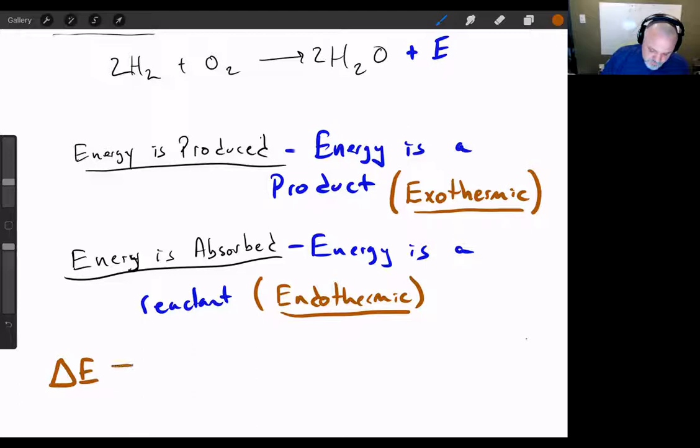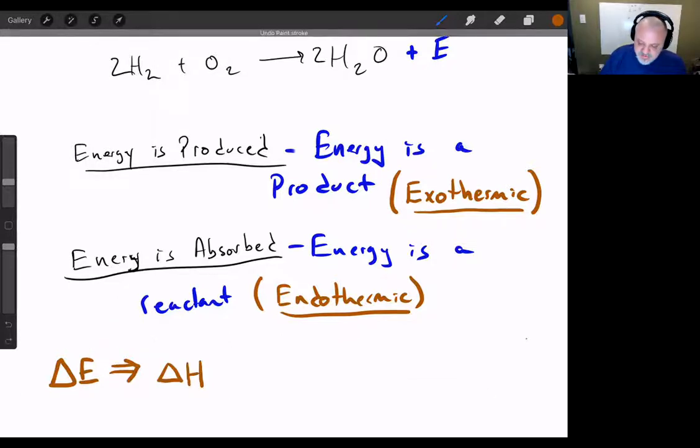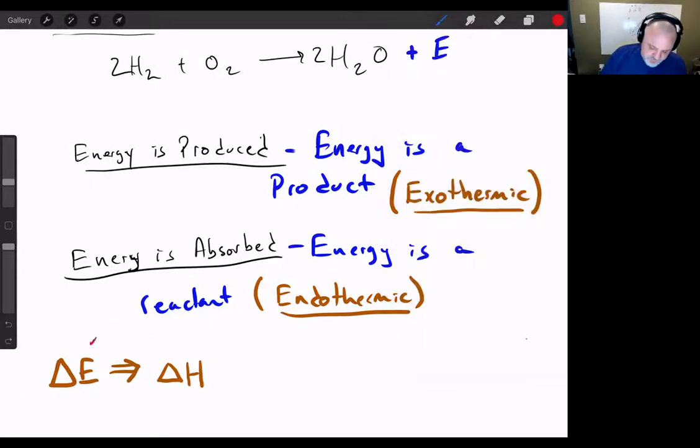However, in chemistry, in thermodynamics, we use another term, and that term is directly related to energy. It's just not called energy. We don't use the word energy. We use the word enthalpy.